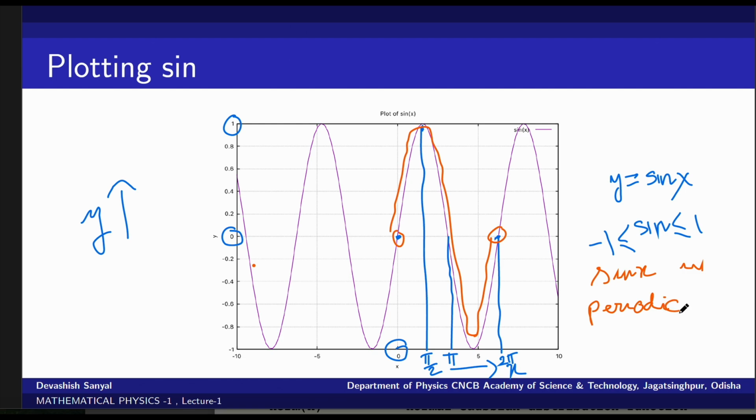So let's see what it means. That means sin(x plus 2 pi) is sin x.